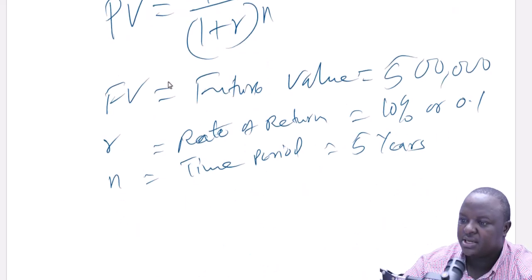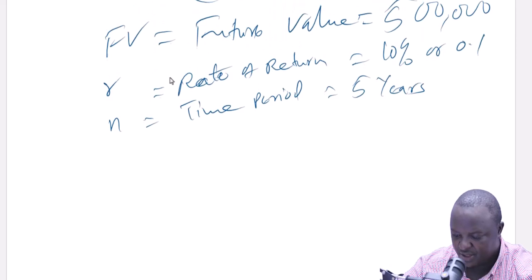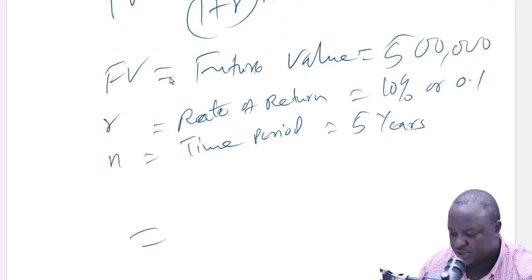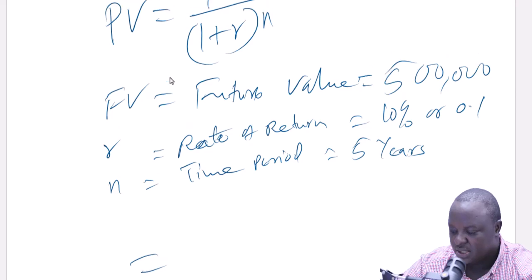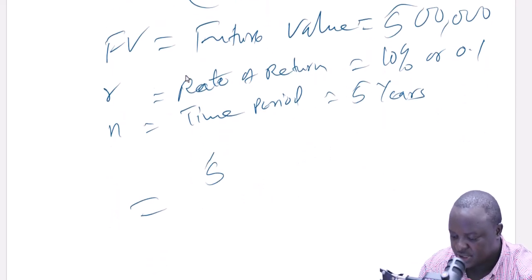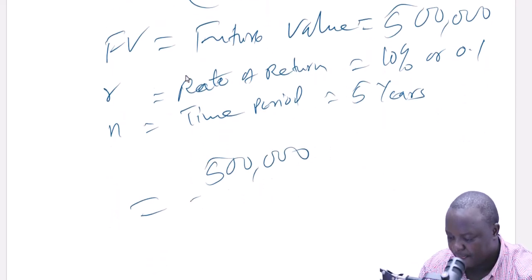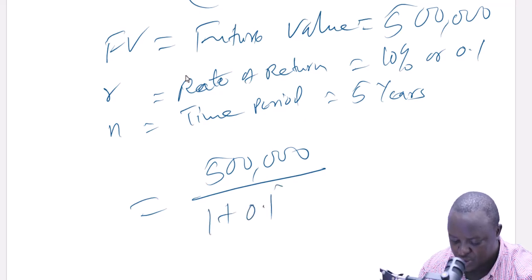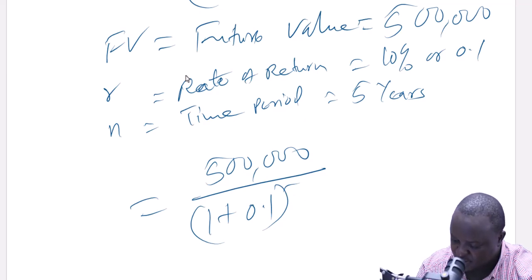Now, calculating our present value, it's going to be 500,000 divided by 1 plus 0.1 raised to the duration, which we have said is 5 years.